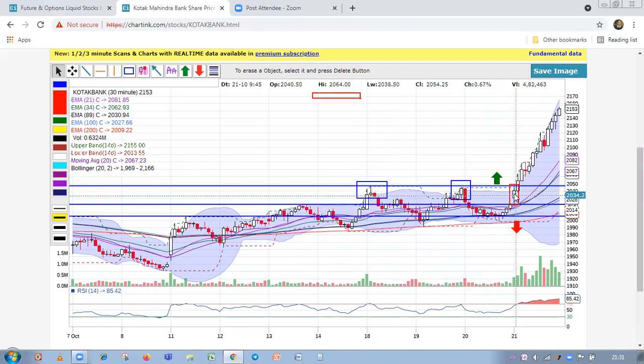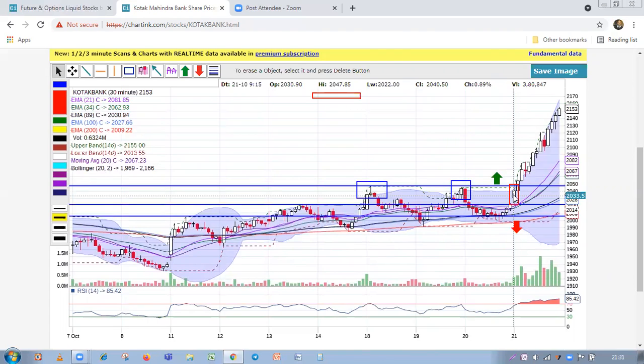Now I will wait for first 30 minutes candle to be formed, and once this candle is formed, I will wait for this candle high to be broken, and we can even take a buffer of, let us say, 5 to 10 points depending upon some stock. If it's a small stock, 5 to 10 points can be a big move, but it depends on the stock.